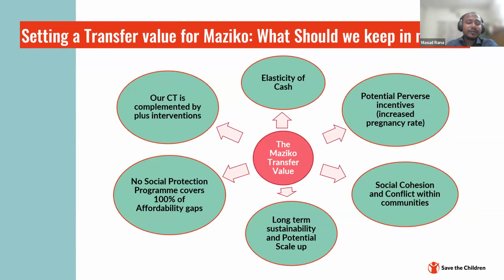That's something you're all familiar with. It doesn't matter however you come up with the transfer value, this is the conversation you have to have within a CVA-focused program, right? We have to see what the need is. And then you think about the elasticity of cash, what would be the negative impact of a large cash transfer, whether it's going to cause any social conflict, but also what other benefits your program is providing.